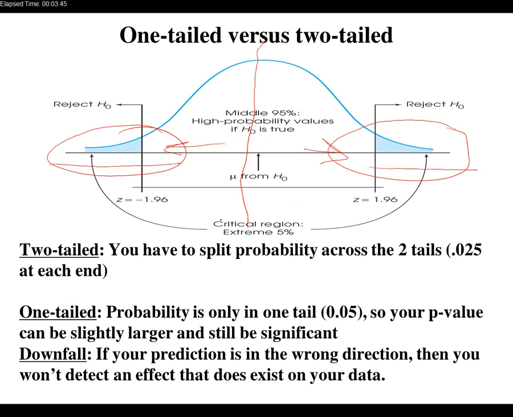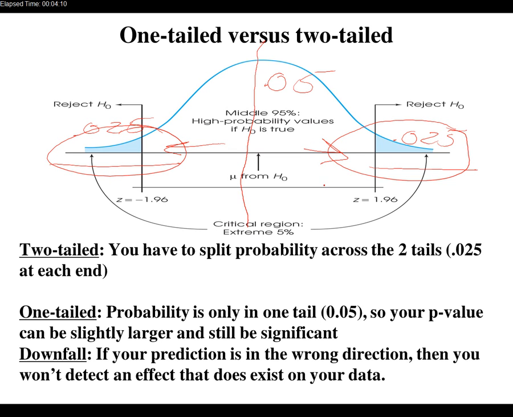So with a two-tailed test, we have to split the probability across both of those tails. So there, we have 0.025 at each end. So there's 0.025 here and 0.025 here to get what? To get that alpha of 0.05, which is what we don't want to go over.